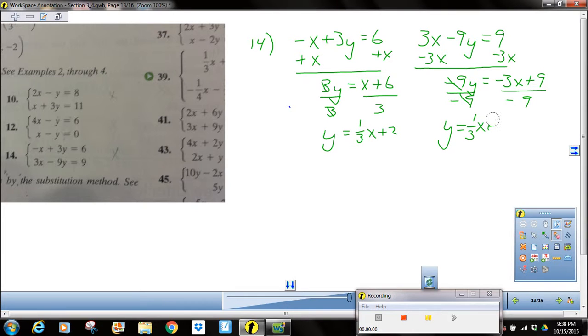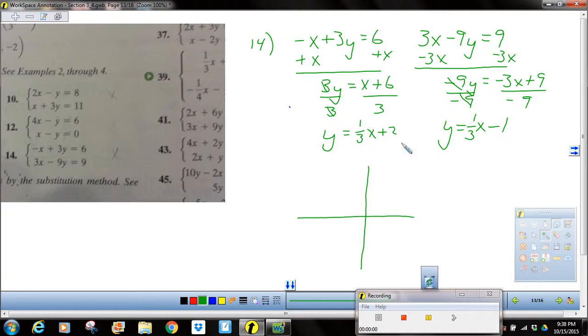Positive divided by negative is negative. Okay, well, the numbers aren't real big and bad, so hopefully this will work out nicely. I just noticed the slopes are the same. That tells me something that I learned in one of my earlier lessons, but I'll go ahead and graph it and play along here.